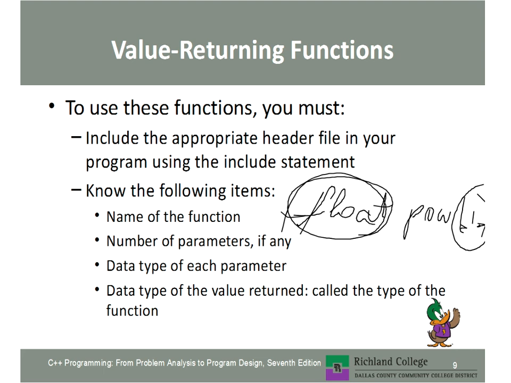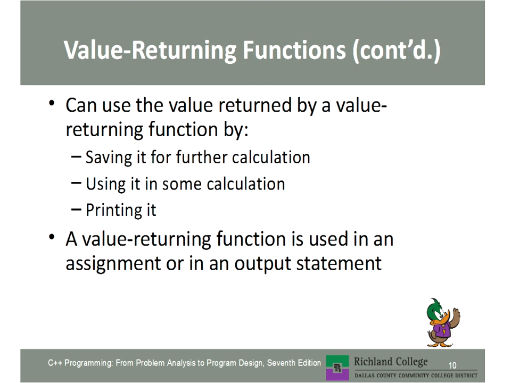Okay, so we have a return value, and what do we do with that return value? Well, we can save it for further calculations. We can use it in some other calculation, or we can just print it out directly.